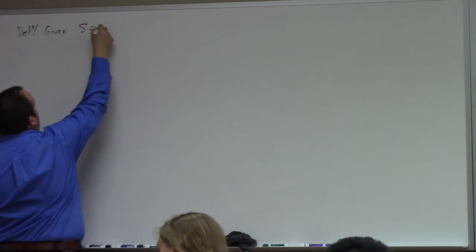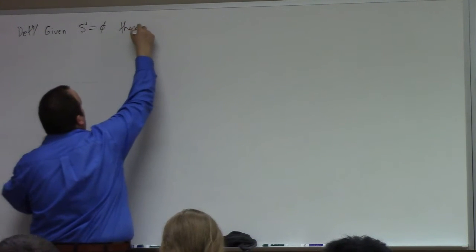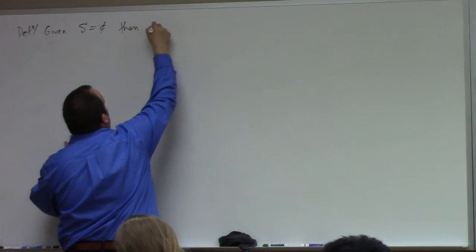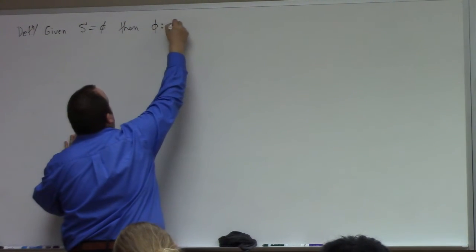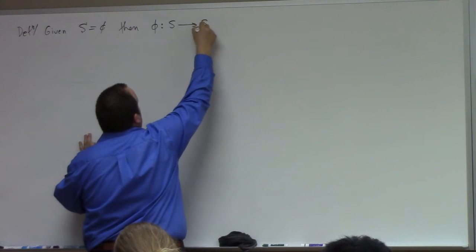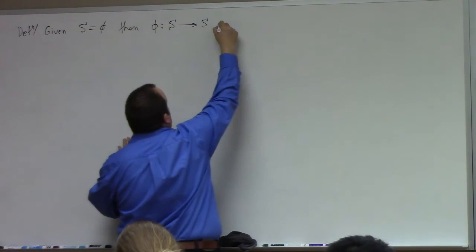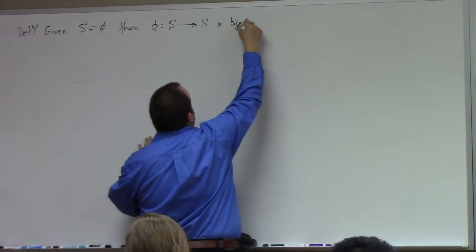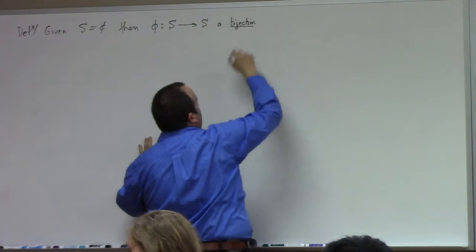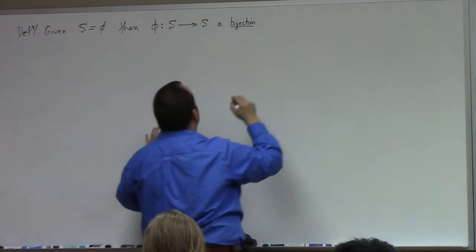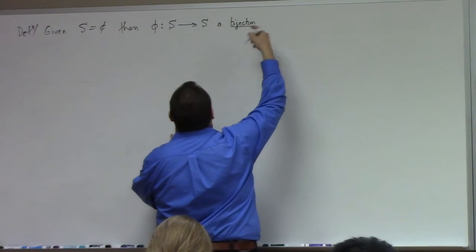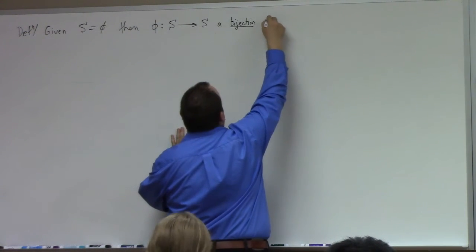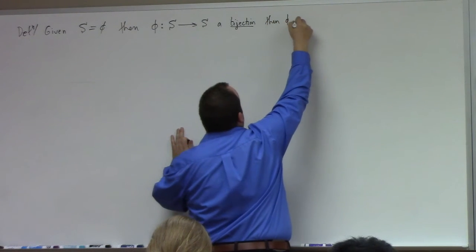If you have phi, a mapping from S to S, a bijection, which is one-to-one and onto, a surjection and injection, then phi is a permutation.